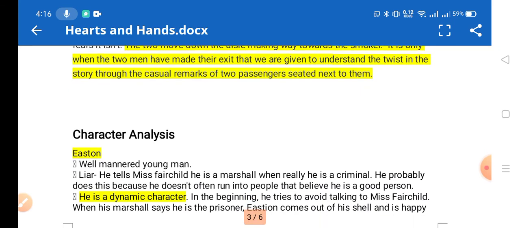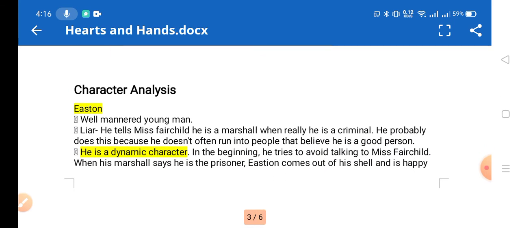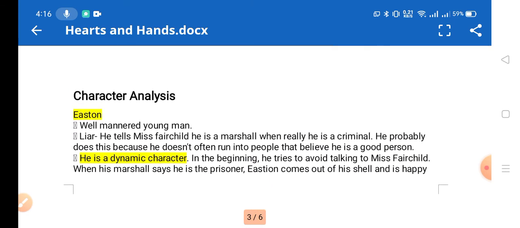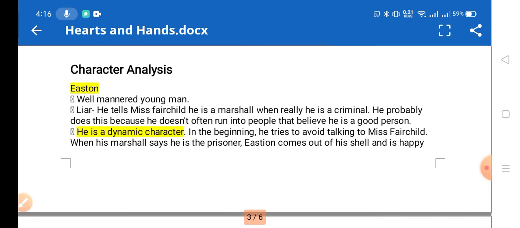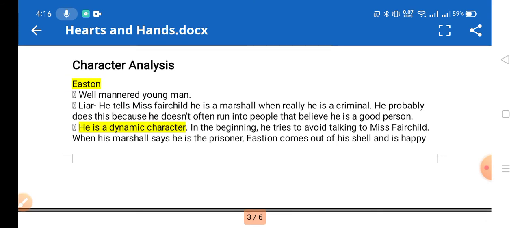And this is the surprising ending. Character analysis concerning Mr. Easton: he was a well-mannered young man and he was a liar. He tells Miss Fairchild that he is a marshal when really he is a criminal.